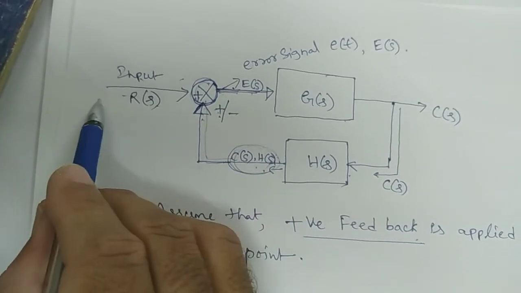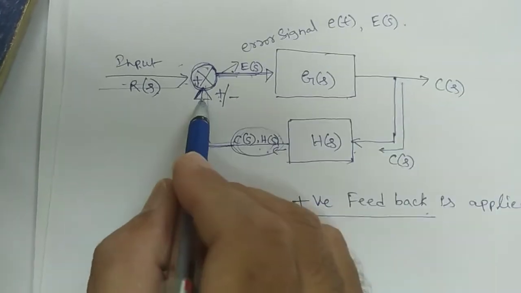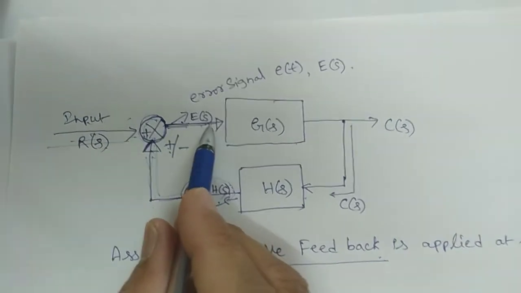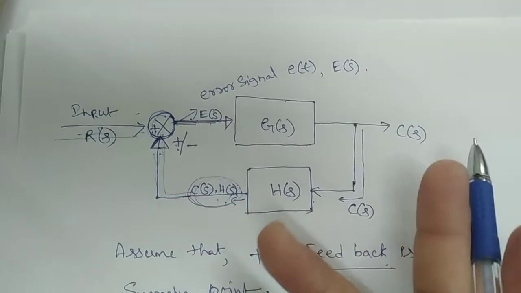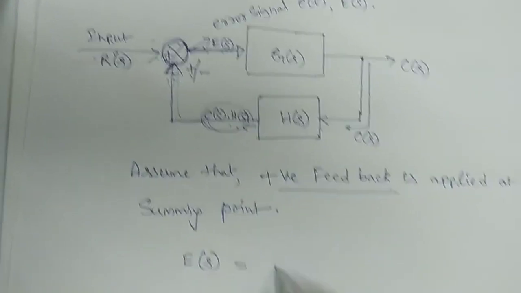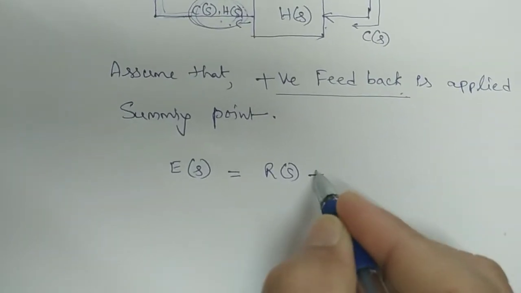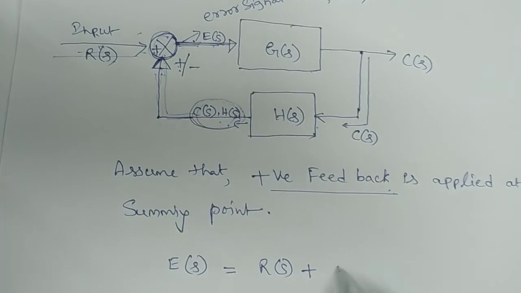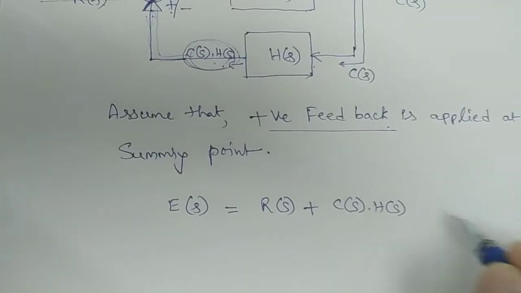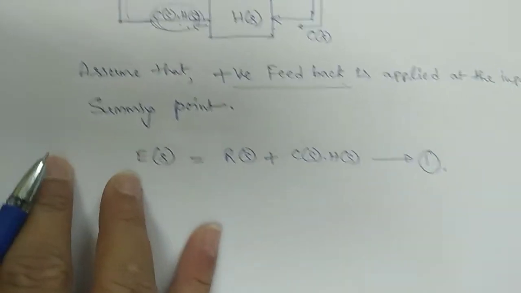These two signals are entering here, both positive, like your nodal analysis: entering current is equal to outgoing current. In the same way you can write E of S is equal to R of S plus C of S into H of S. This is expression number 1.